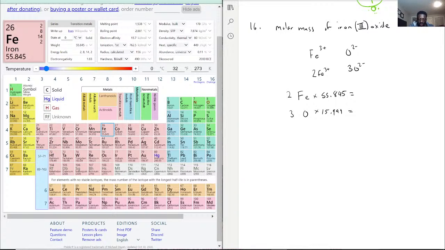So that is, oops, skipped right over it, 111.69 and 47.997. Okay, so now let's add it together. What do we get? We get 159.687 grams per mole. And this number right here will be our molar mass for iron 3 oxide.